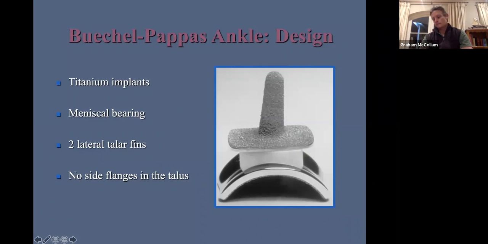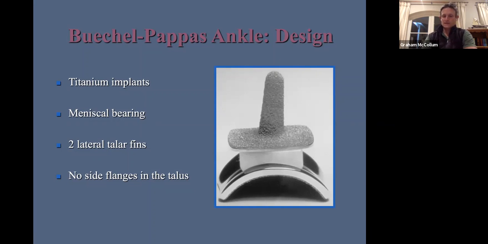The problem with a lot of these implants is they're all quite different, and the joint registries in the US and certainly in large parts of Europe haven't been all inclusive, so we're getting this mixed match data, and we're not quite sure exactly which implant is outlasting the others.